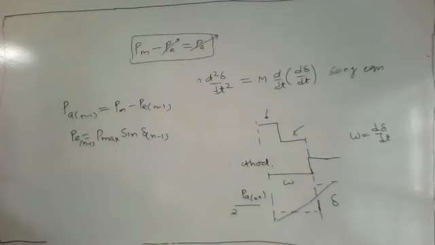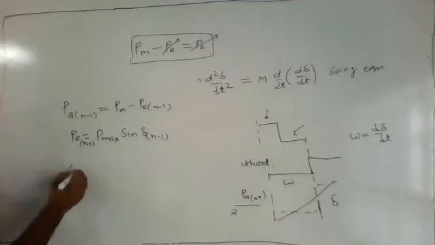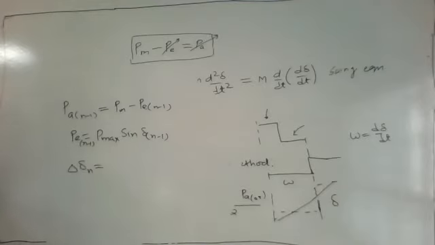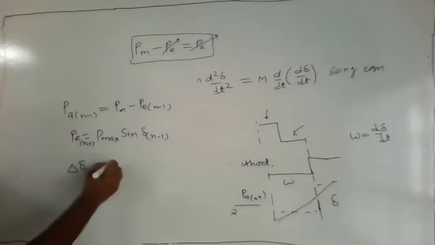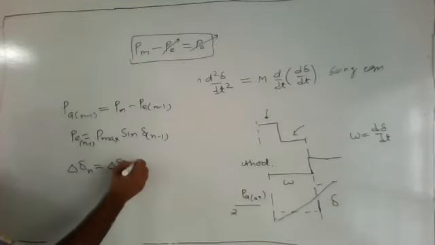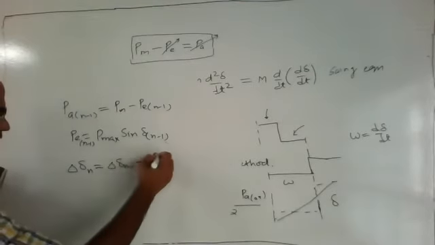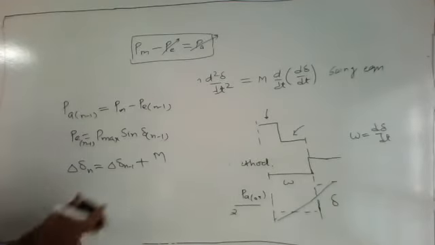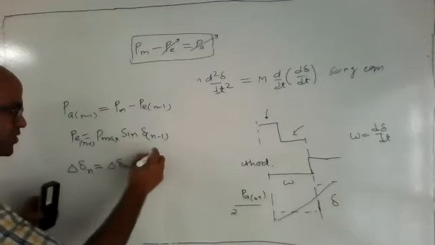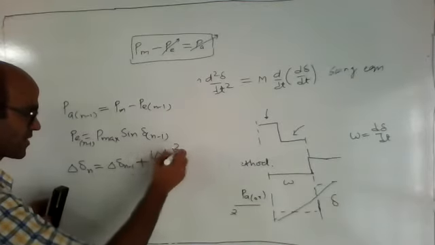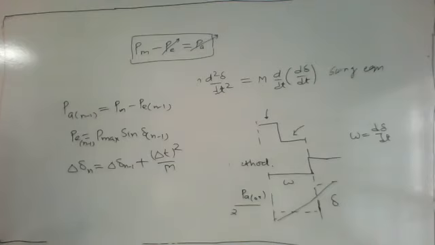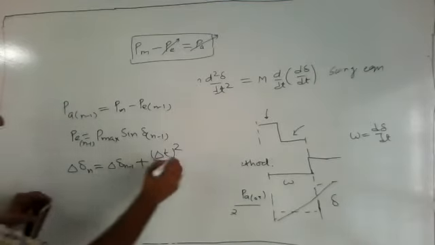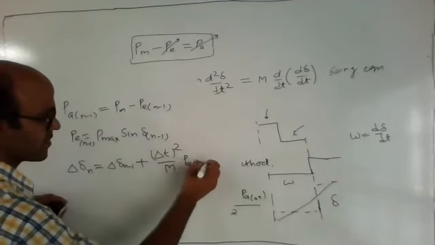Similarly, delta delta n, which we have derived: delta n minus 1 plus, sorry, this is just the change, delta t square by M into PA n minus 1.